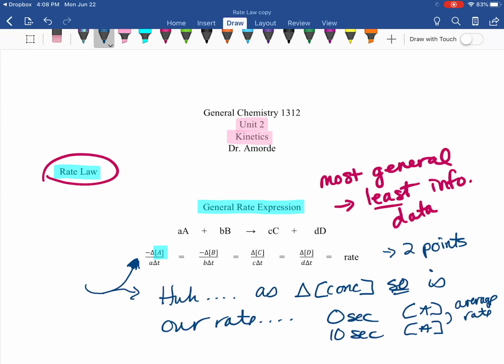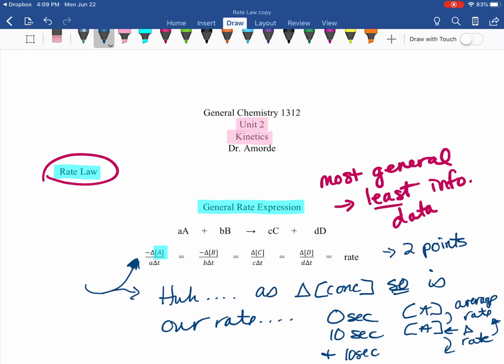And then if you think about it, as soon as we hit this 10-second mark, didn't this just change? So now if we go another 10 seconds, well, wouldn't this rate be even different than your average rate? Because your concentration just went down, your rate is going to go down.